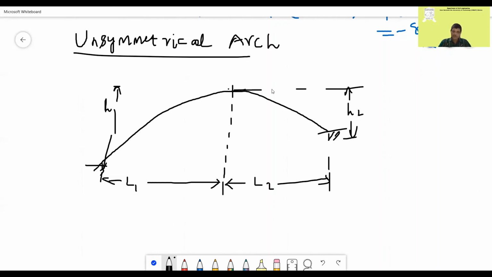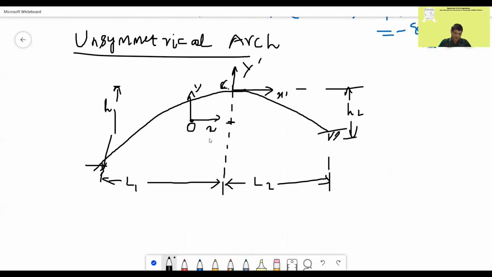Similarly, if you take origin here, this will be your X dash Y dash, the crown. And here will be the elastic center, X and Y. In unsymmetrical arches, the elastic center does not fall on this line.